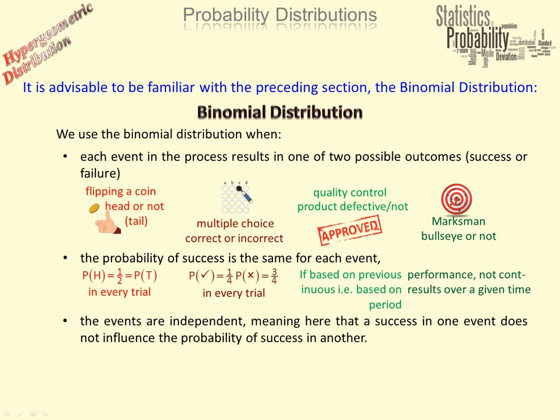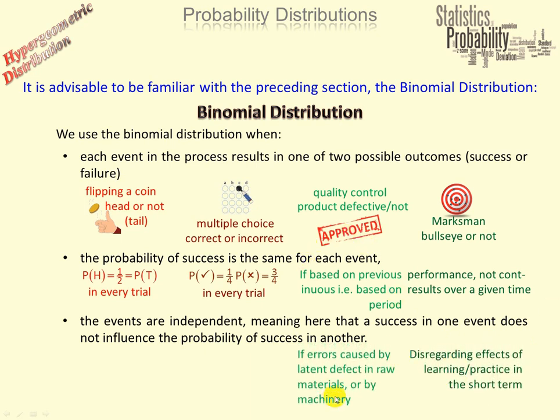The events are independent, meaning here that a success in one event does not influence the probability of success in another. Of course, this one is fine if it's based on a latent defect in raw materials or machinery. In other words, the machinery is causing the problem or the materials. But if it's human beings causing the defects, they could improve and the probability will change.